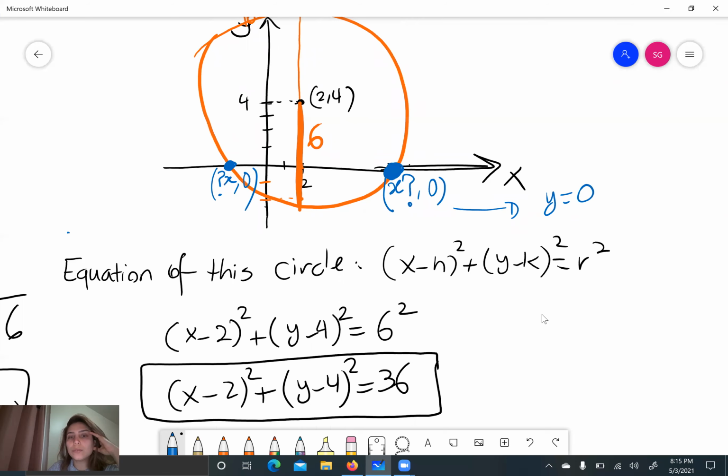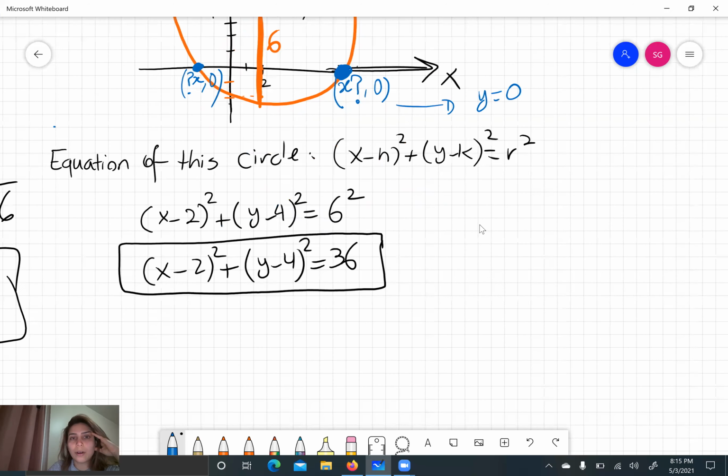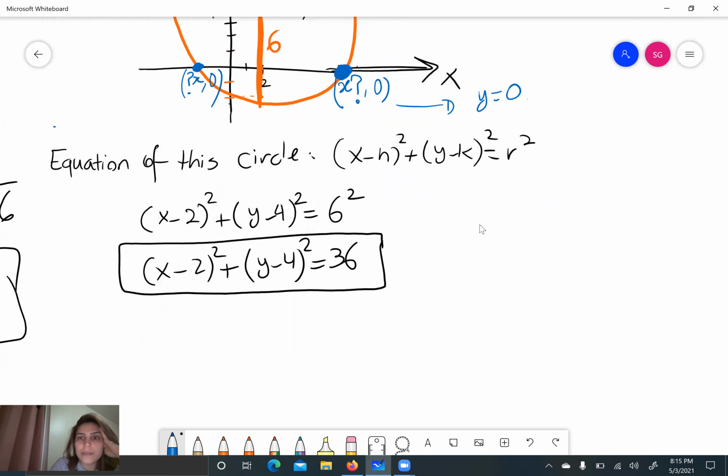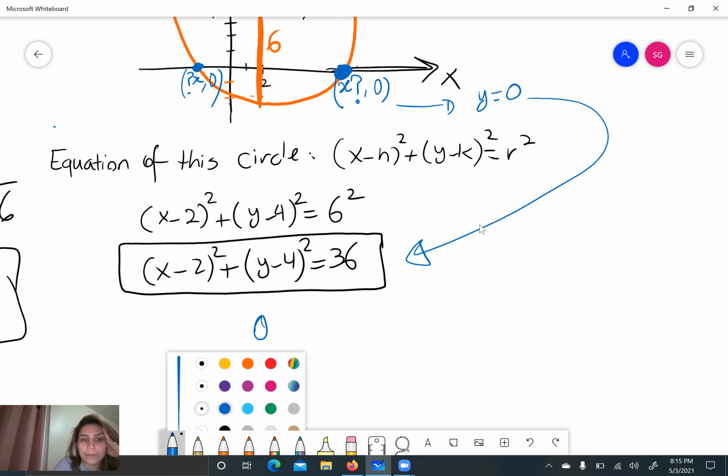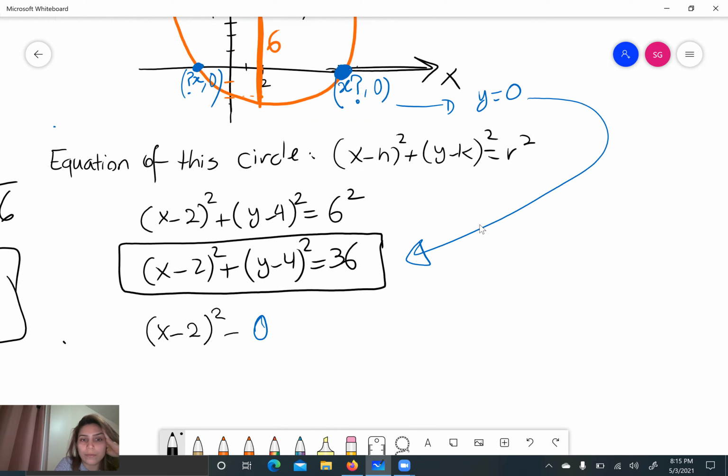So we just substitute 0 into the equation of this circle, and then you can solve it for x, because we want to find the x value when y is 0, height is 0.